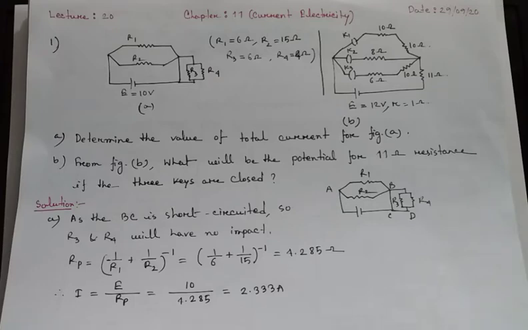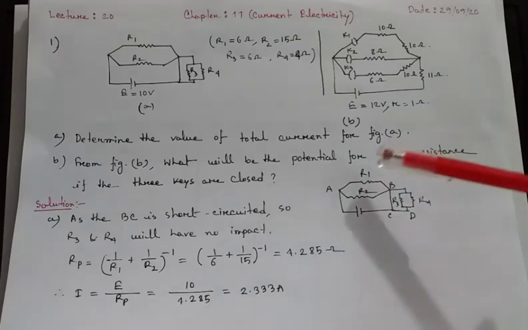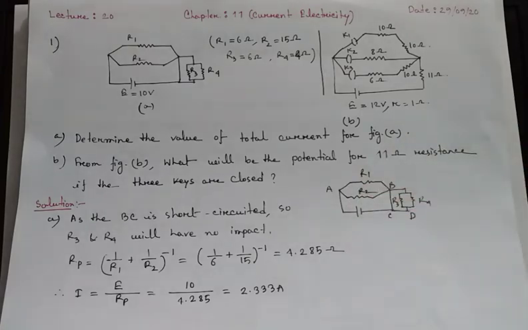We will just take into account only R1 and R2, as BC is short circuited. So R3 and R4 will not be used over here. There is no use of these resistors.